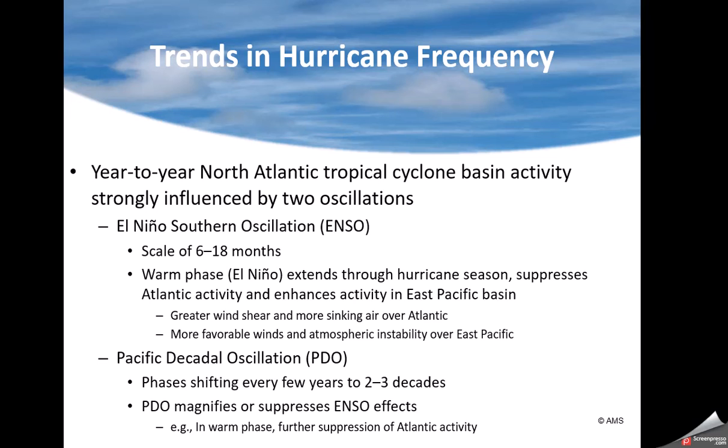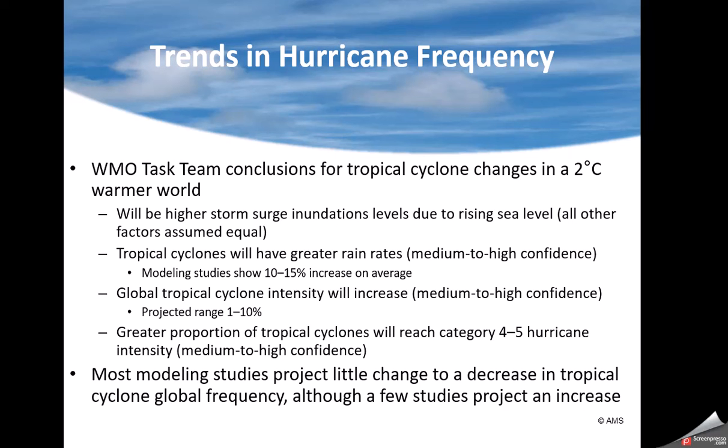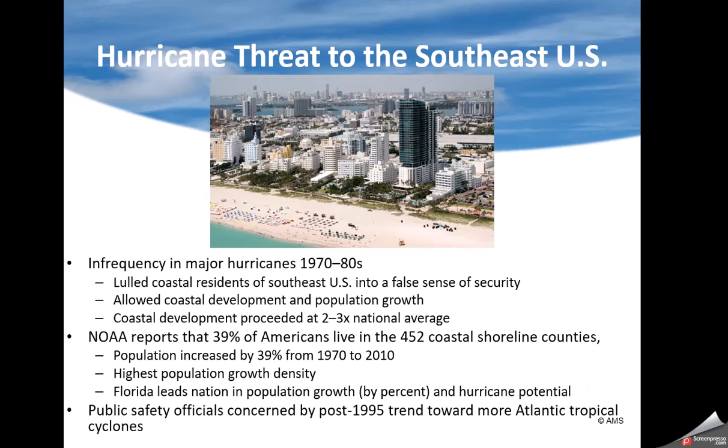And so is another influence on it. And here are some conclusions the World Meteorological Organization Task Force had for it. So lots of people have moved into these hurricane locations. Florida, booming. Coastal Carolinas, coastal Texas.